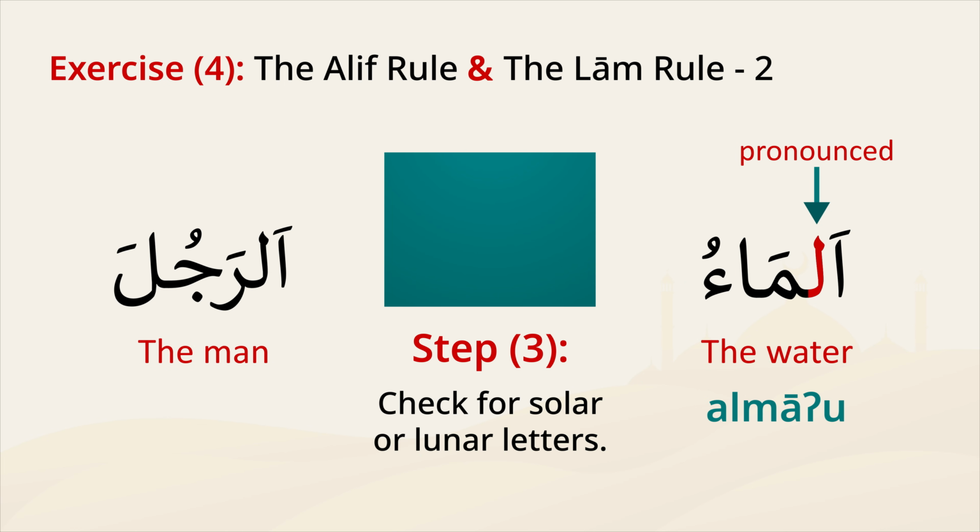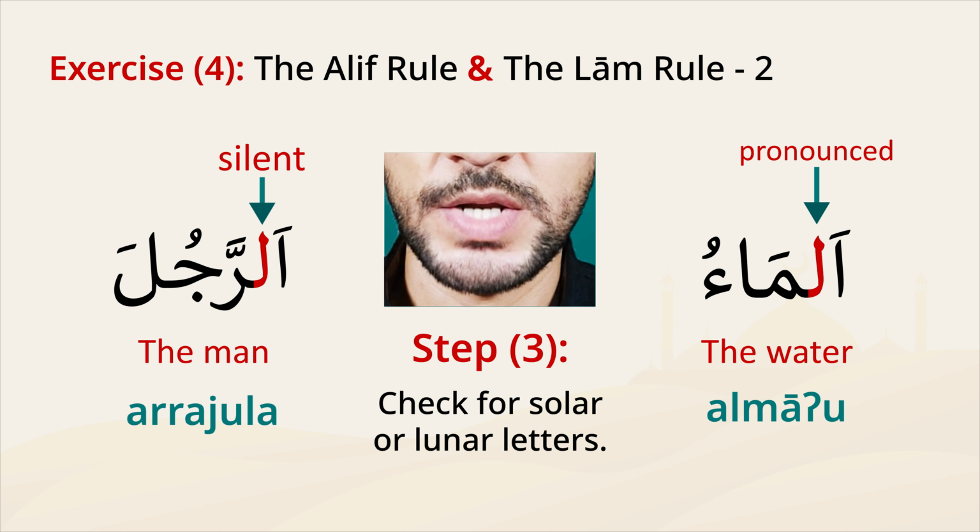In the second example, the first letter, ra, is solar. So it will be doubled. We need to add a shadda. And don't forget that ra already carries a fatha. So the shadda will merge with it like this. And since the lam of al is solar, it will be silent. Therefore, the correct pronunciation is الرجل in 4 syllables.